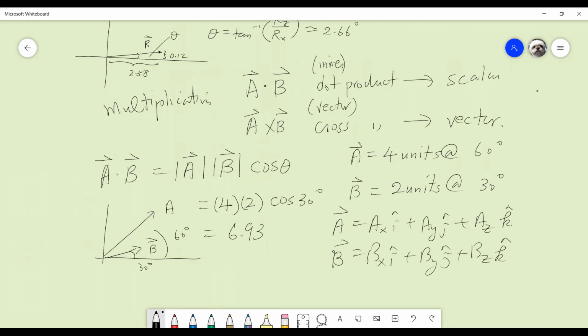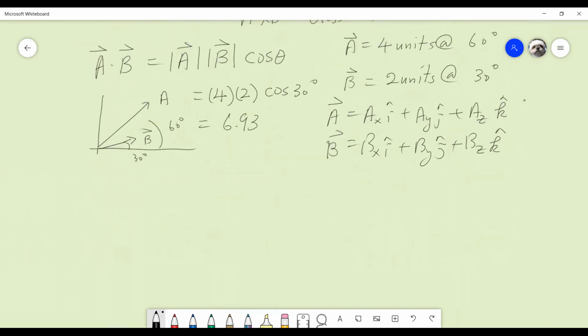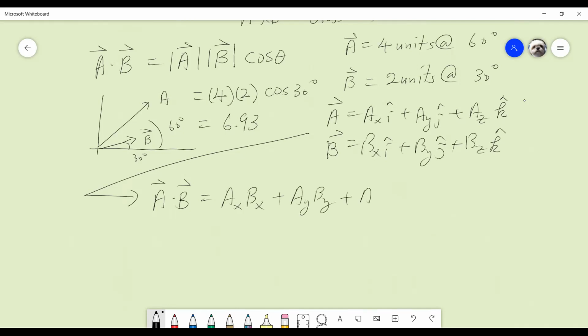Then you have to find an angle between two three-dimensional vectors, right? It's gonna be very difficult. But here we have another way to write A dot B. It will be AX BX plus AY BY plus AZ BZ. You got it?